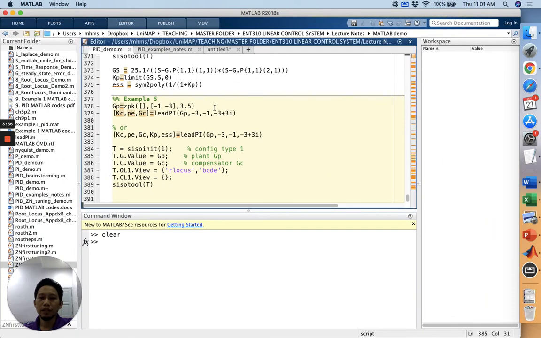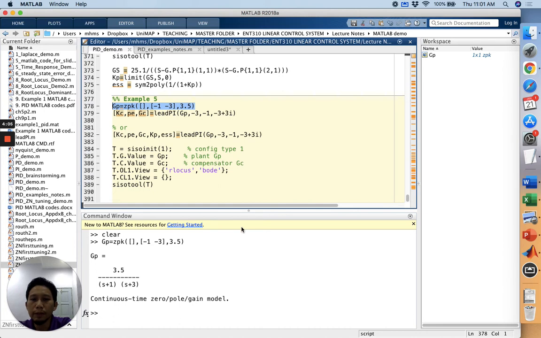In this example, I have Gp as 3.5 over (s plus 1)(s plus 3). However, I have simplified the steps into a function here. I call the function leadPI.